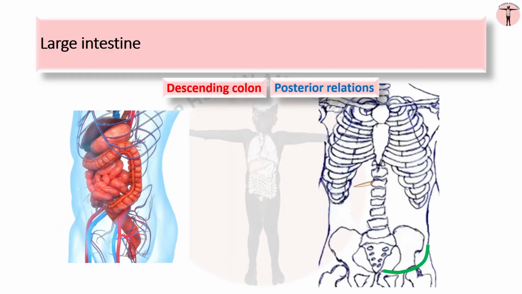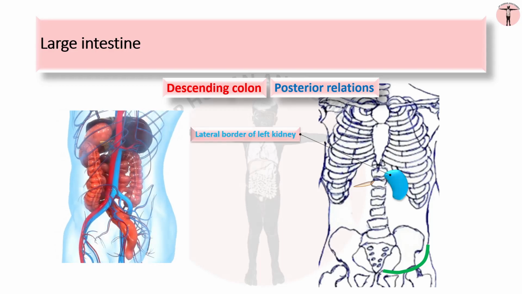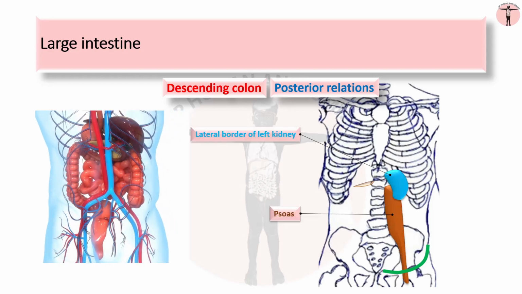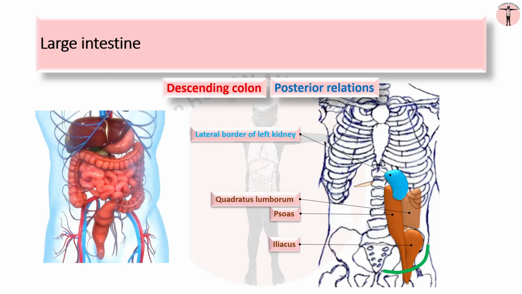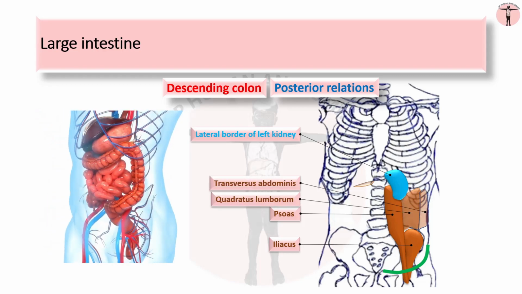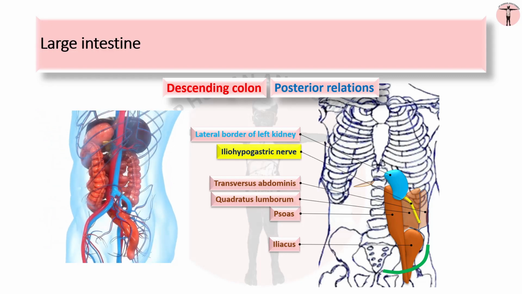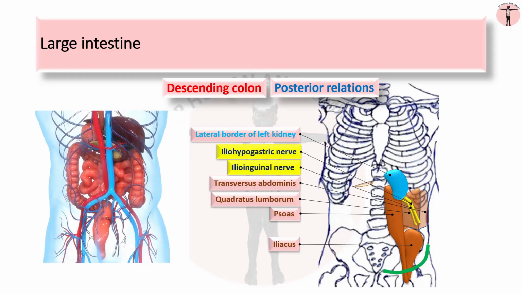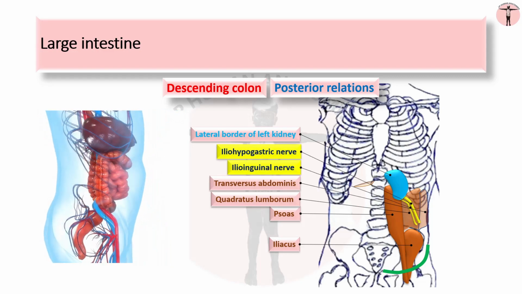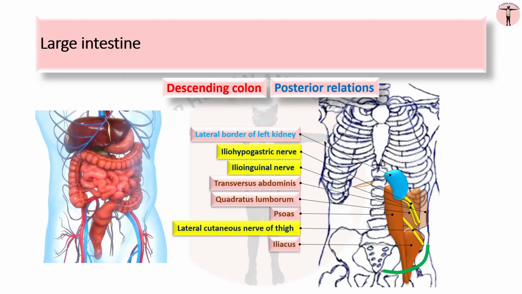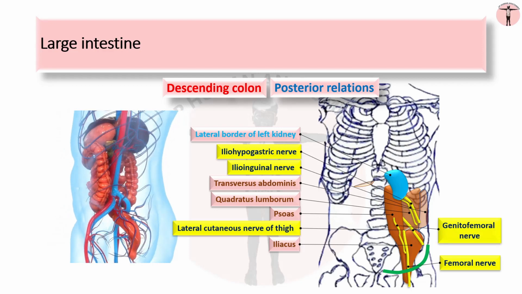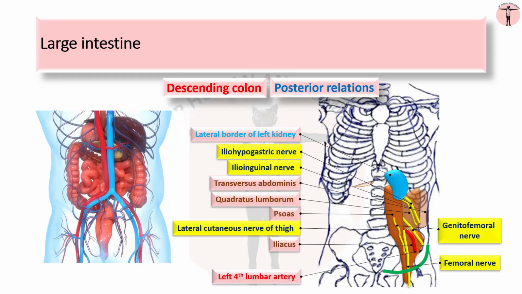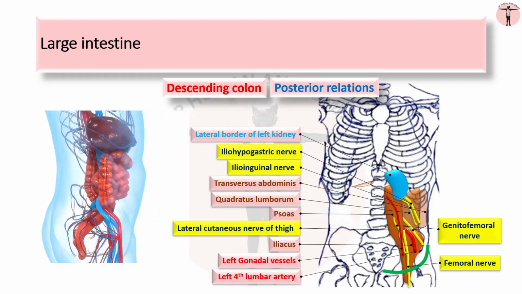Posteriorly, it is related to the lateral border of the left kidney, the left psoas, the left iliacus, the left quadratus lumborum, origin of the transversus abdominis muscle, the left iliohypogastric, the left ilioinguinal nerves, the left lateral cutaneous nerve of thigh, the left femoral nerve, left genitofemoral nerve, left fourth lumbar artery, and the left gonadal vessels.